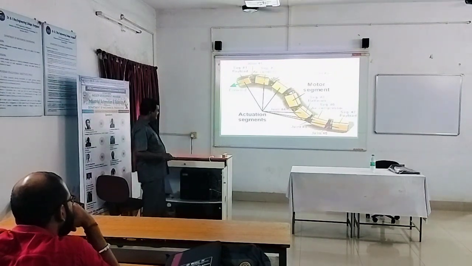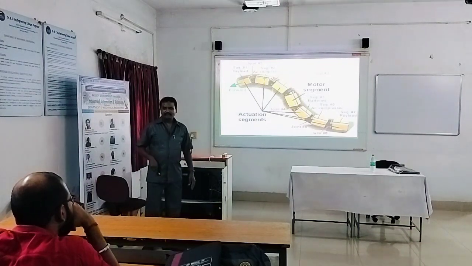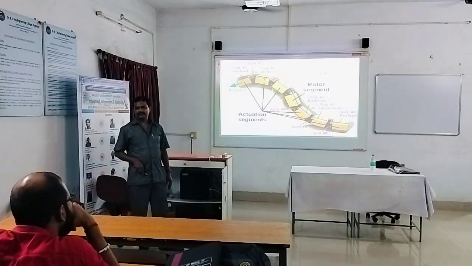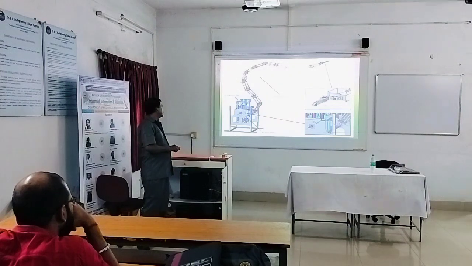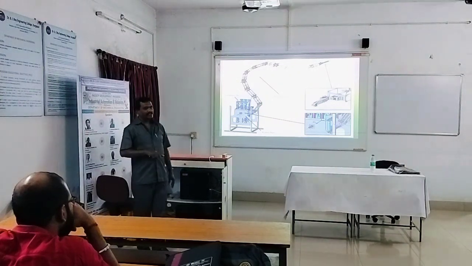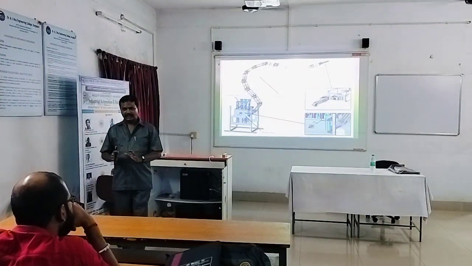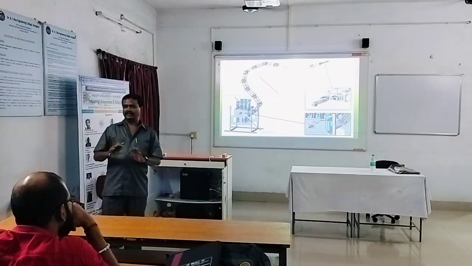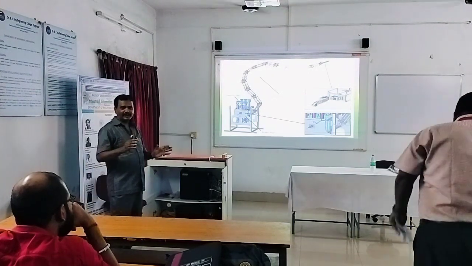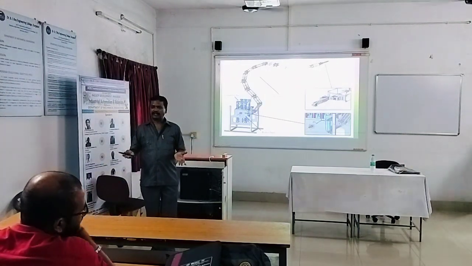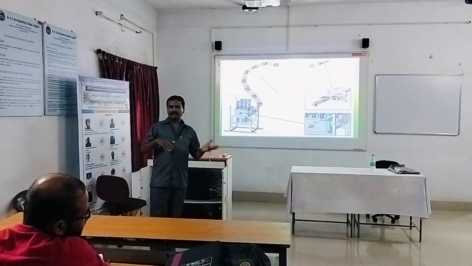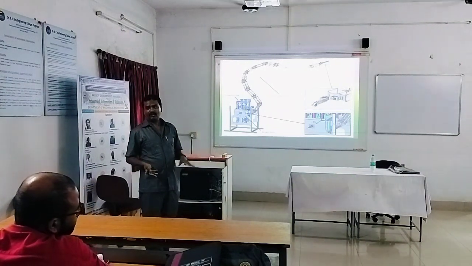For this type of thing, you can see there are many joints and many links, even in the elephant trunk. So each and every robot has a different anatomy. The anatomy differentiates, and according to that, their dynamics also change. Dynamics of configuration, all are changing.